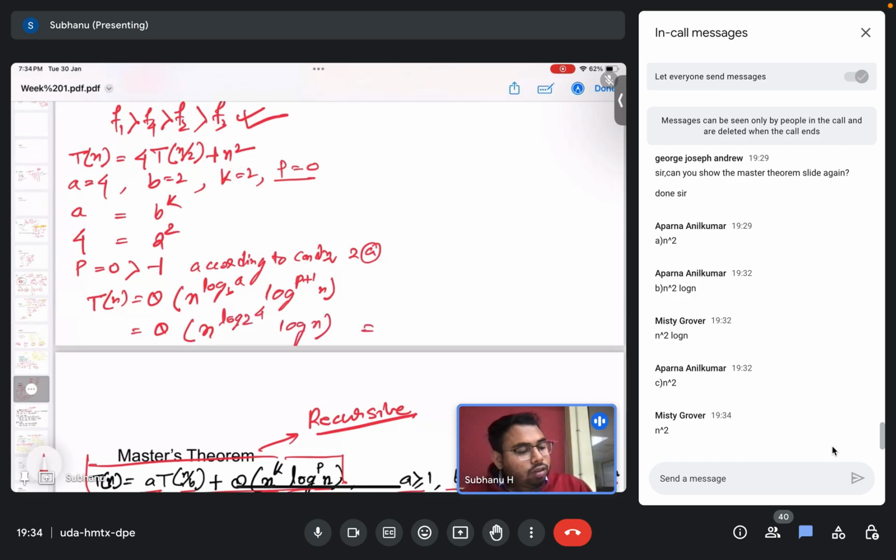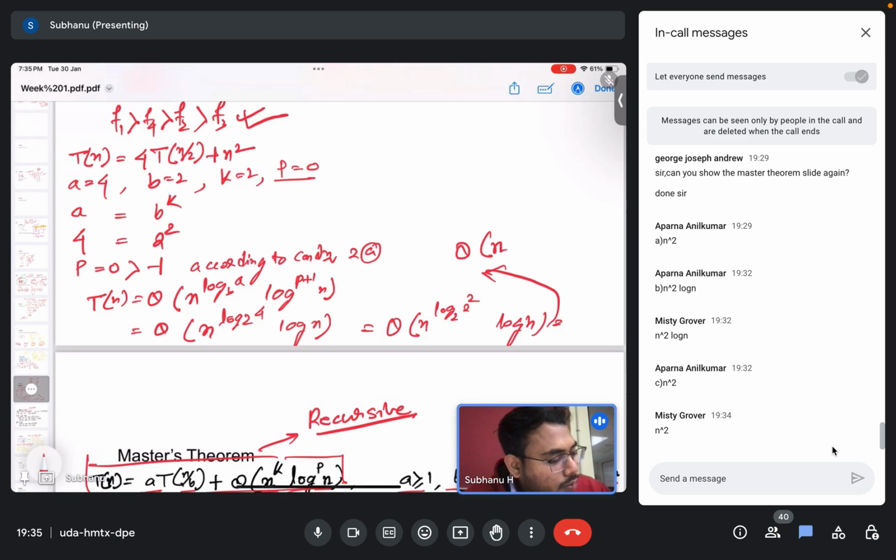That is equal to theta of, log 4 base 2 will become 2, so it will become theta of n square log n. Fine, I think this is clear to everyone.